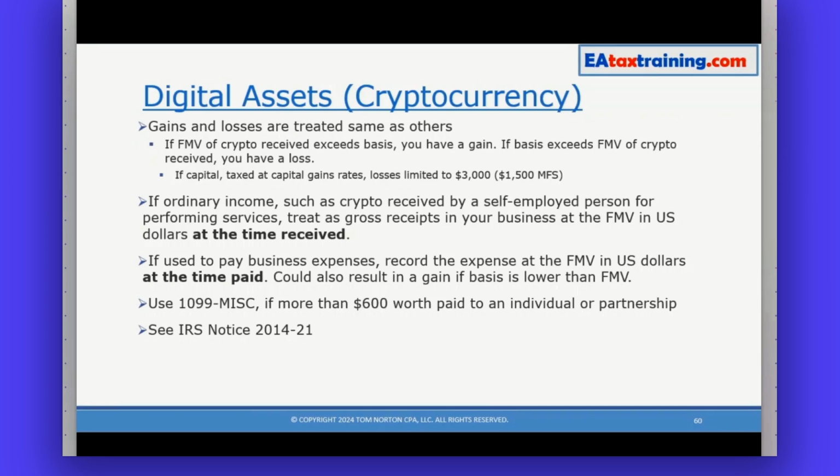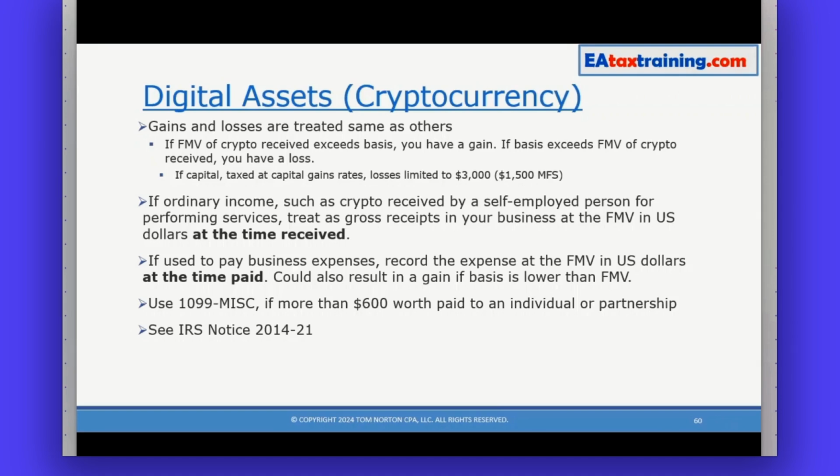So then if the fair market value goes up or down, once you dispose of it, you will have a gain or loss based on your basis, which again is going to be the fair market value on the date you received it. If you use it to pay for business expenses, then it's the same idea. The expense is the fair market value at the time that it was paid.